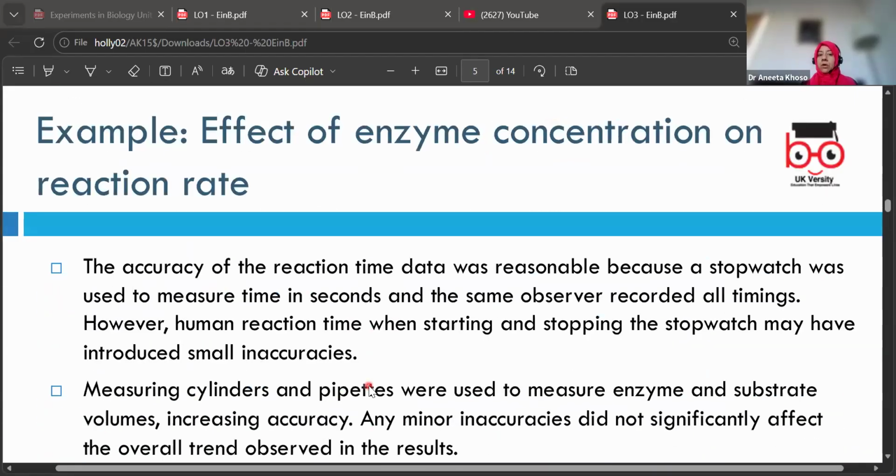Now, an example of effect of enzyme concentration on reaction time. So the accuracy of the reaction time data was reasonable because a stopwatch was used to measure in seconds, and the observer recorded all the timings.